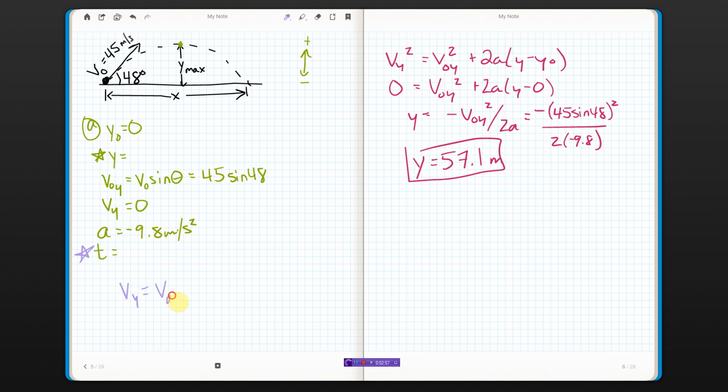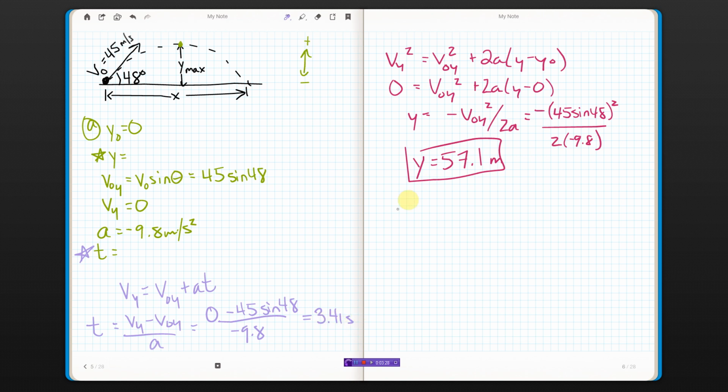Vy equals v naught y plus at, in which case t would be vy minus v naught y all over a. Vy is 0 minus 45 sine 48 all over negative 9.8, which gives me a time of 3.41 seconds.